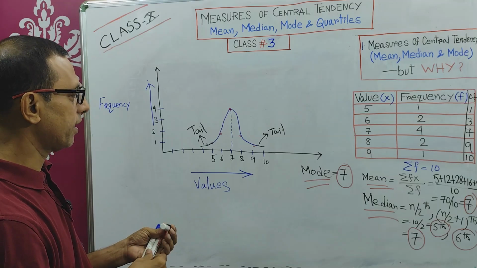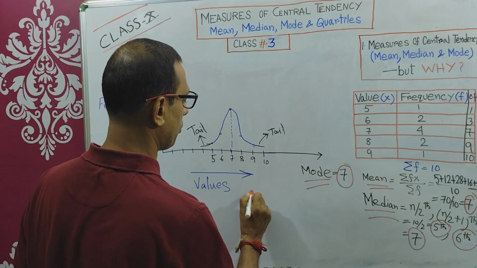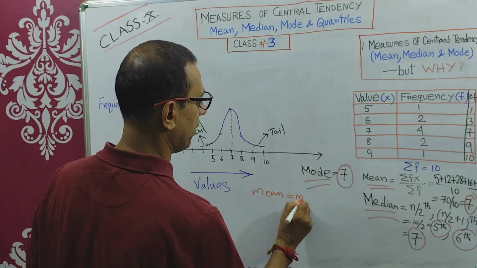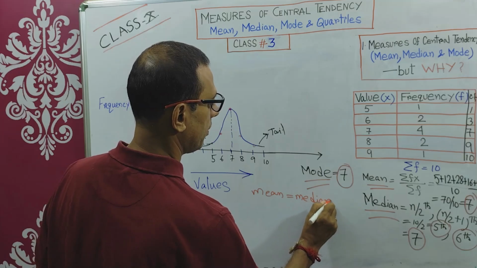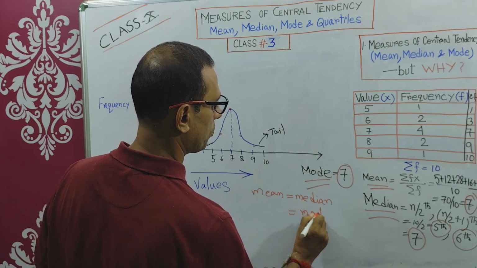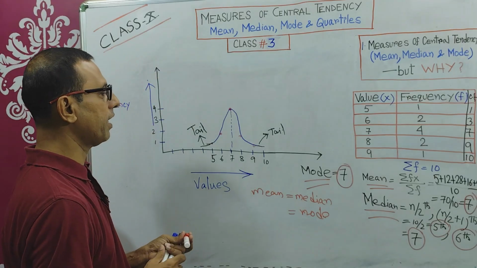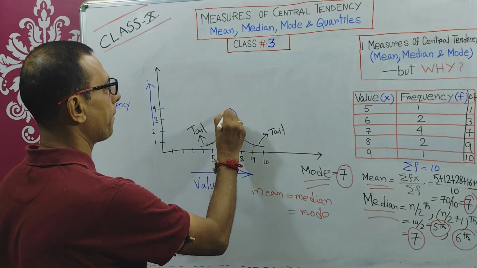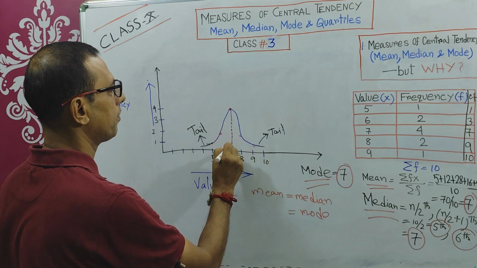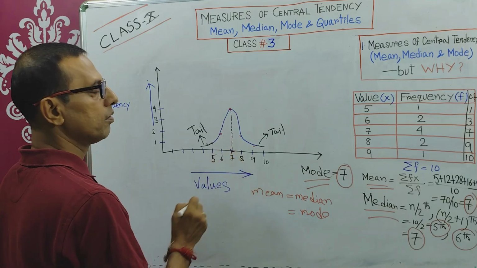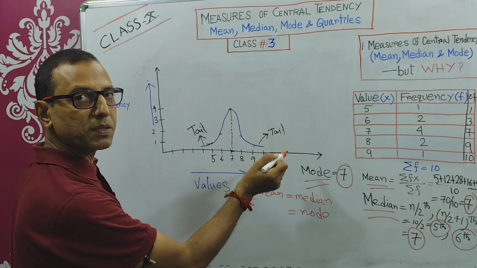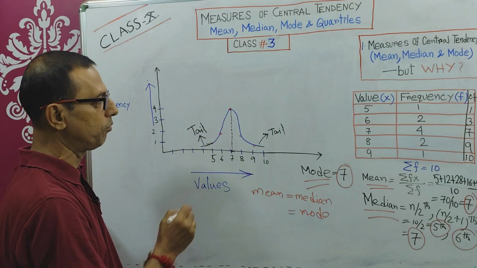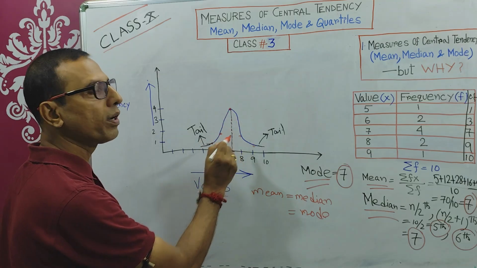And if I consider here the mean, median and mode, mean equals median equals mode. All these three are equal. The right side of 7 and the left side of 7, that is the right side and left side of the mean, median, mode, are two equal halves.